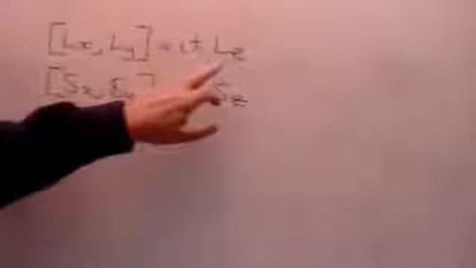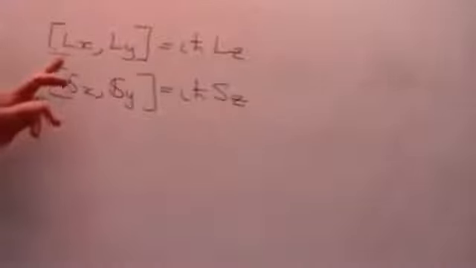And in each case, the one that doesn't appear in the commutator is the one that does appear on the right-hand side. And essentially, a key point of what this means is that you cannot measure the angular momentum along the x and the y coordinates at the same time because the commutator does not equal 0.